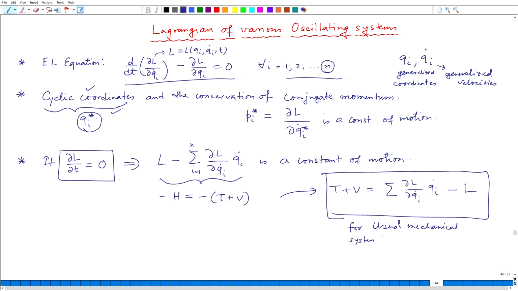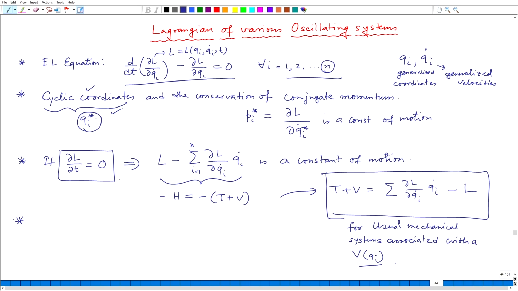Systems here, for our course, means consisting of one particle, associated with a potential V which is a function of just the generalized coordinates, for the sake of simplicity.